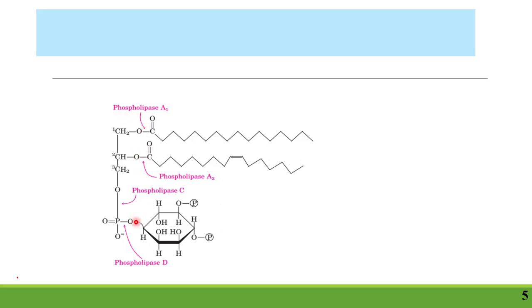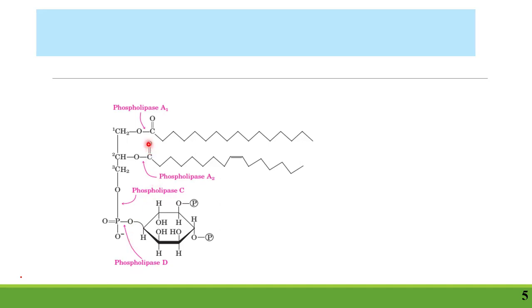Here we have a phosphatidylinositol, and we have 4 types of phospholipase: A1, A2, C, and D. Phospholipase A1 cleaves this fatty acid at carbon number 1, and phospholipase A2 cleaves the bond between carbon number 2 and the fatty acid, and phospholipase C cleaves the bond between the phosphate group and carbon number 3, and phospholipase D cleaves after the phosphate group.